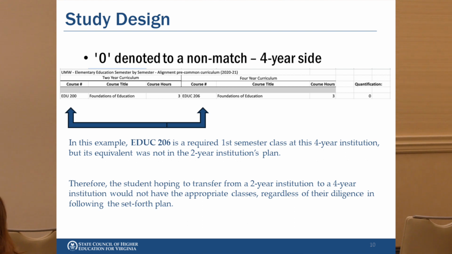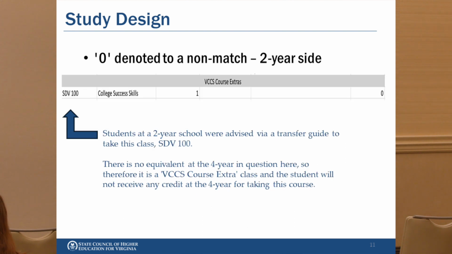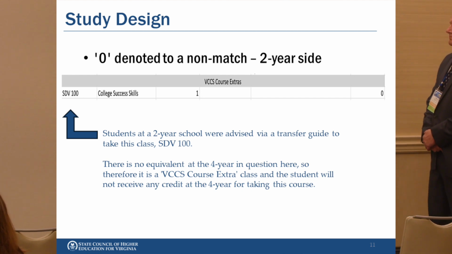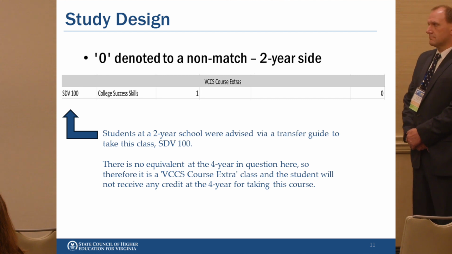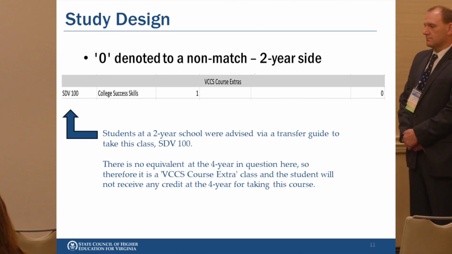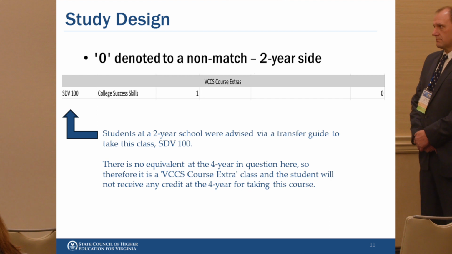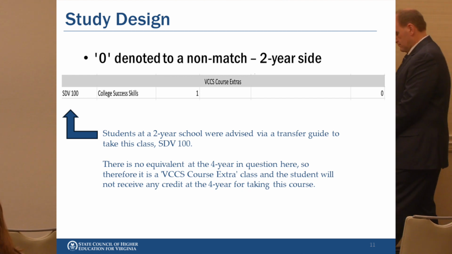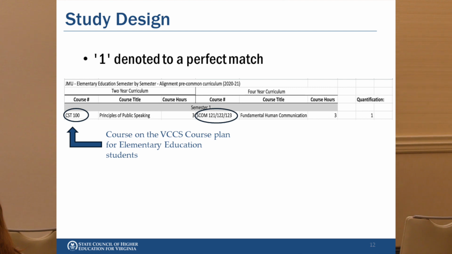We've also given zeros to a non-match on the 2-year side. What I mean by this is this course was required for the VCCS, Virginia Community College System, the College Success Skills class. Now this course either does not transfer to the 4-year side, or it was just not in the degree graduation requirements. So this would be an excess course that would not go towards their graduation requirements. Then we've got a 1 for a perfect match.